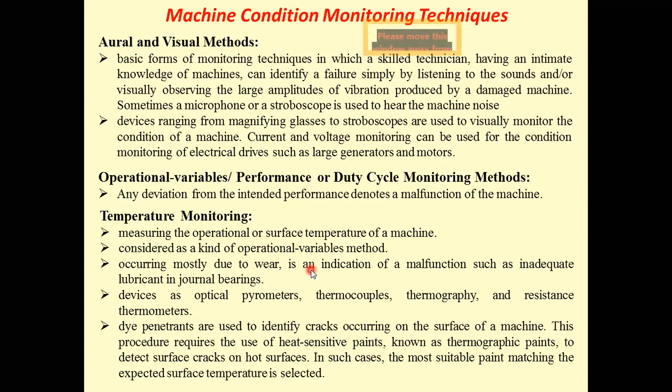So if there is an increase in temperature, then we can say that in that journal bearing there is inadequate lubricant. So we have to lubricate that journal bearing so that the temperature remains constant and there will not be an increase in temperature.